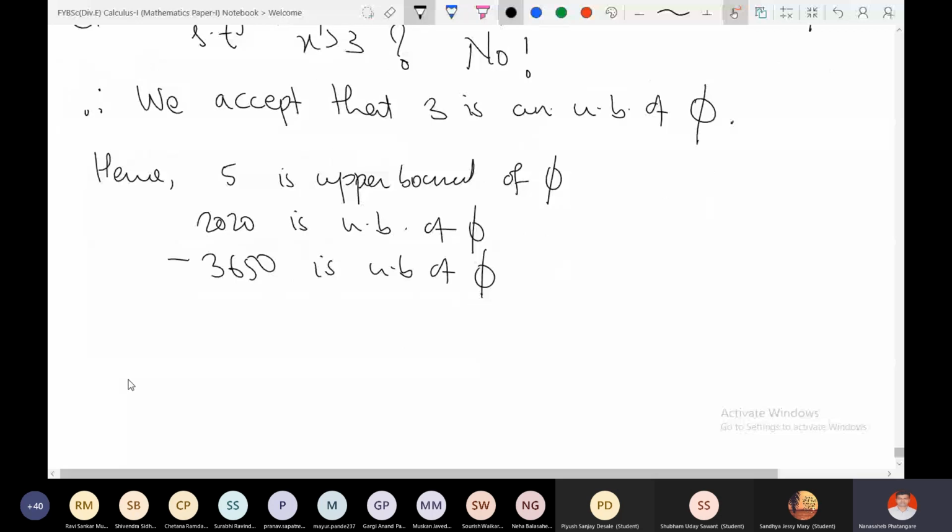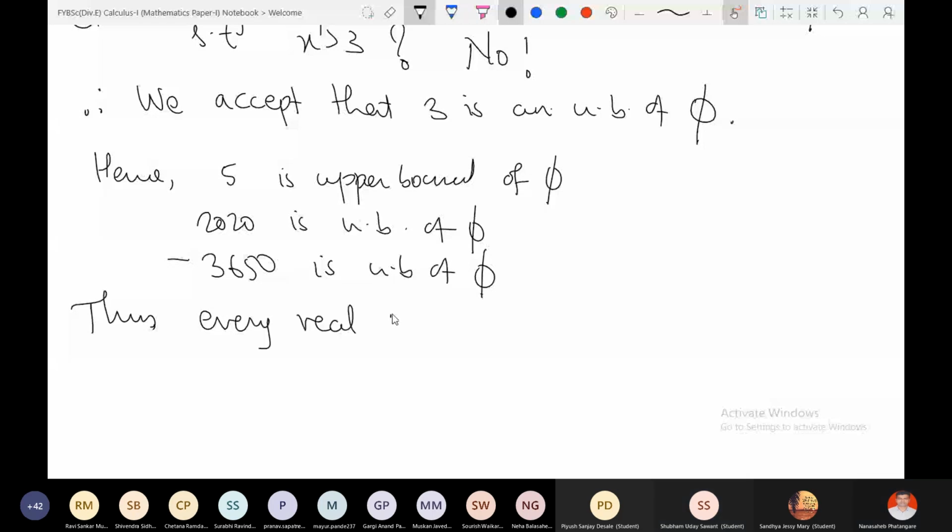Am I right? Yes, sir. So what is the conclusion? All real numbers are upper bounds. Every real number is an upper bound of the empty set, and therefore what is the least upper bound?